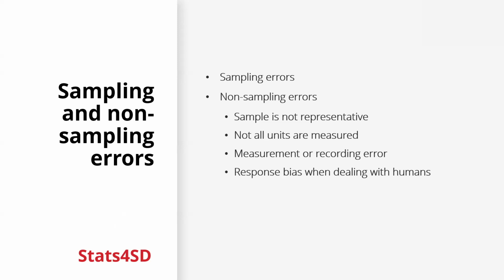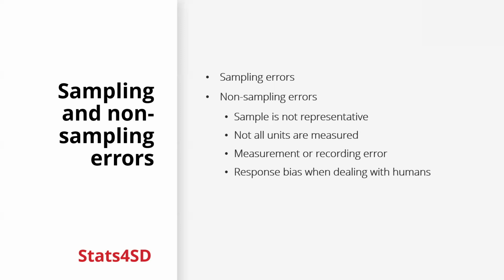The non-sampling error usually comes from the fact that we don't have a representative sample. We may not have it representative because, for example, in a fish survey, some selected sites may not be observed due to rough weather conditions, floods, security reasons, because they are too far from the shore, or for any reason we didn't observe some of them.